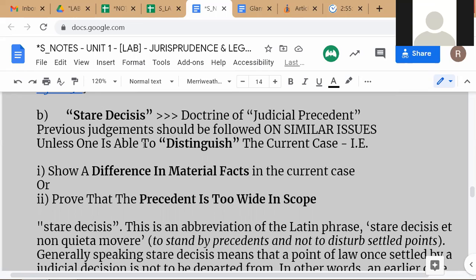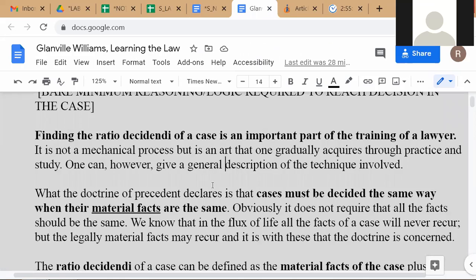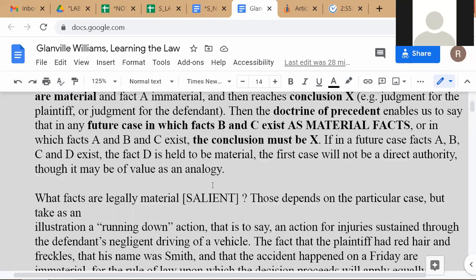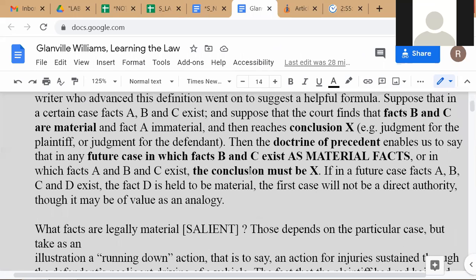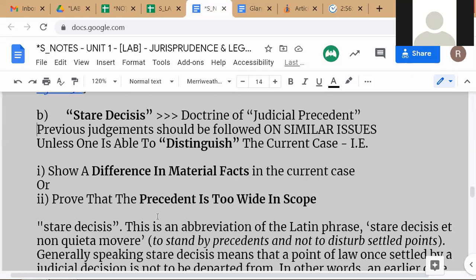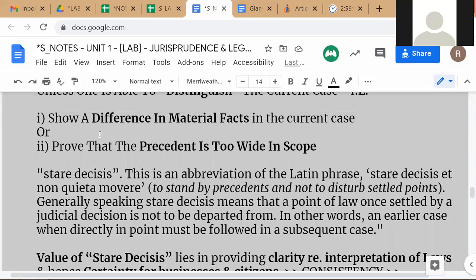Either you show a distinct difference in material facts. This is also mentioned in the Glanville Williams article, but it's not very well written actually. There's another source with material on this, but I think if you look at my definition, it should be sufficiently clear. So we've got two types of distinguishing to worry about. One involves a difference in material facts, and the other is to show that the precedent is too wide in scope.